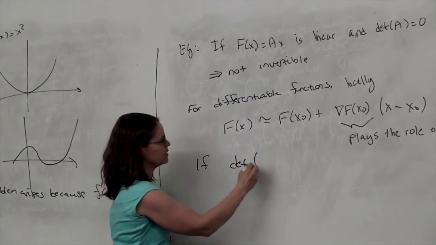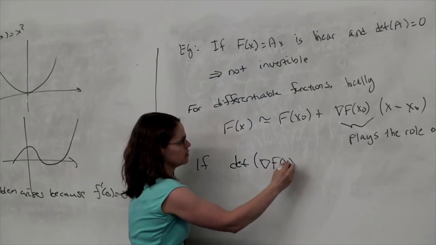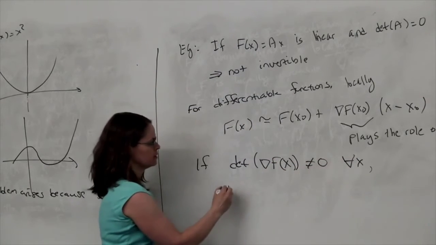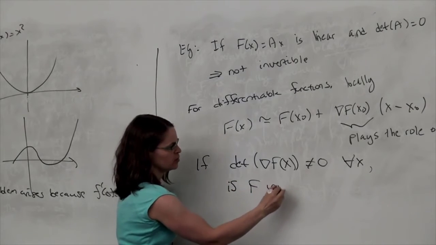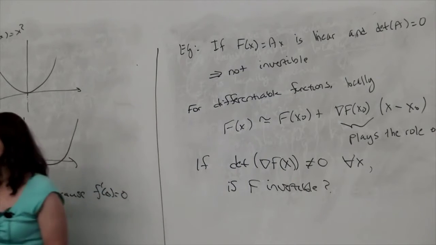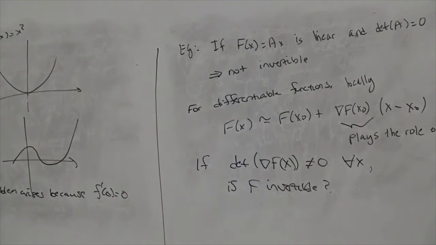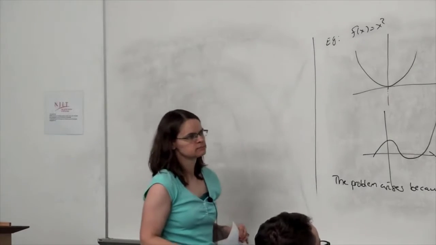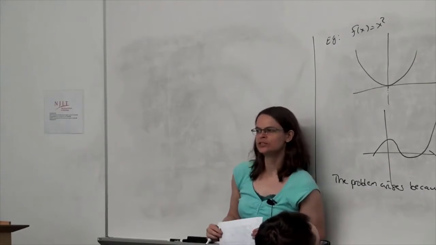If the determinant of the Jacobian is not equal to 0 for all x, is f invertible? You have intuition here?